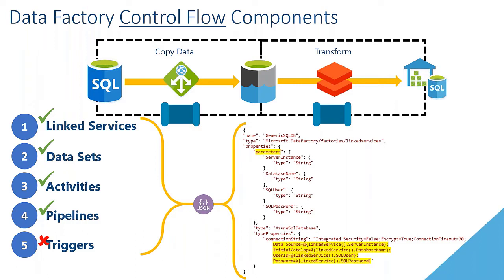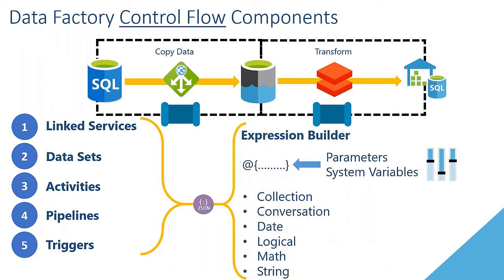The example I've used here with this code snippet is for a linked service. Hopefully, as you can see, it's a SQL instance that I'm going to connect to, and I'm dynamically passing in the instance name, the database, the SQL authentication, the username, the password. So all of these first 4 components can have that JSON injected into them.